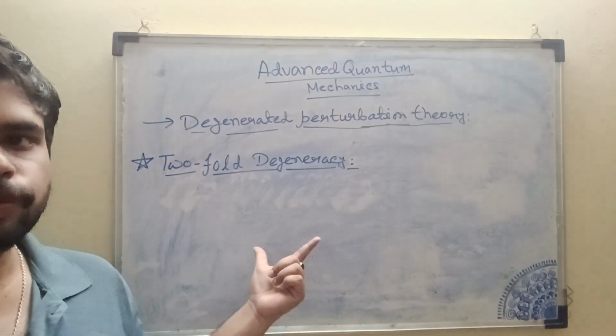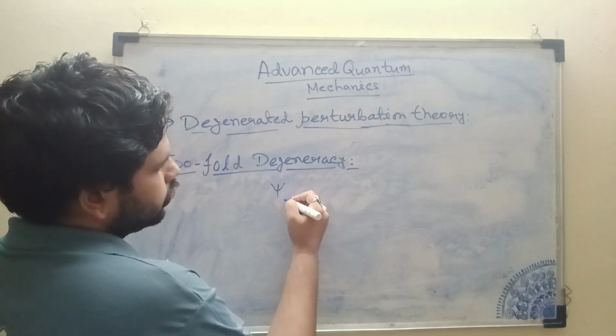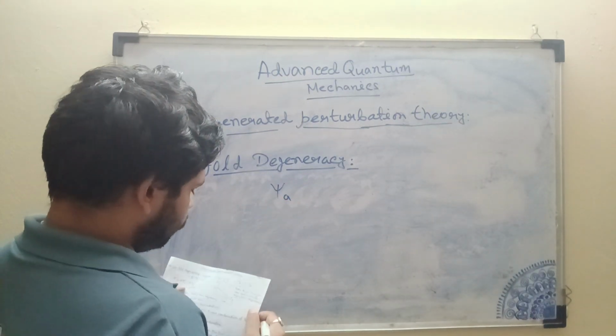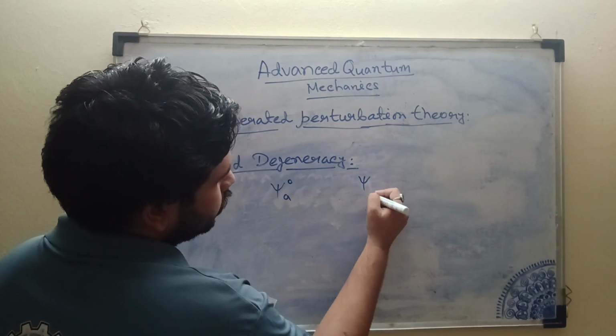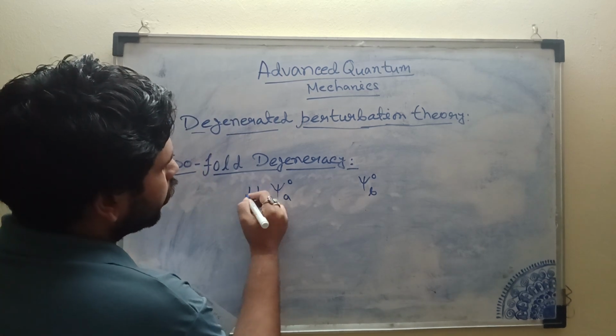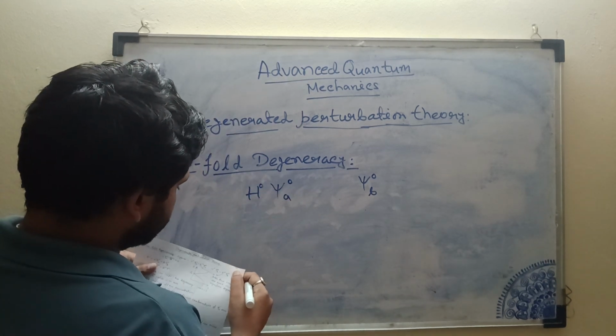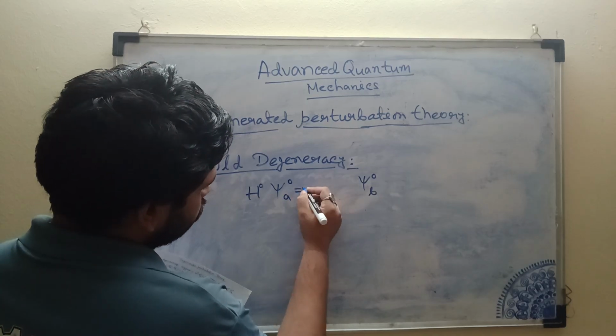So what is the twofold degeneracy case? We have two eigenfunctions, psi 0a and psi 0b, and if we operate the Hamiltonian H0 on the unperturbed state psi a0, we will get an energy eigenvalue E0.